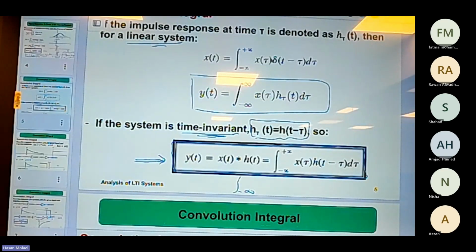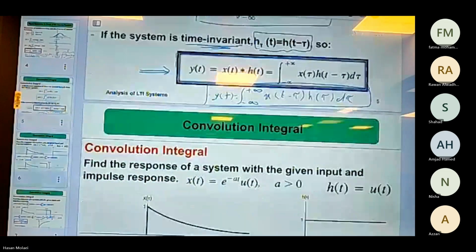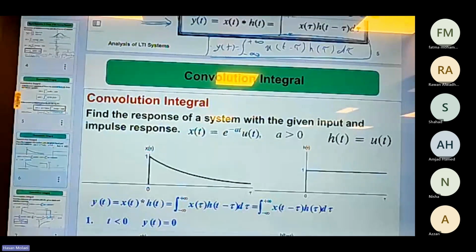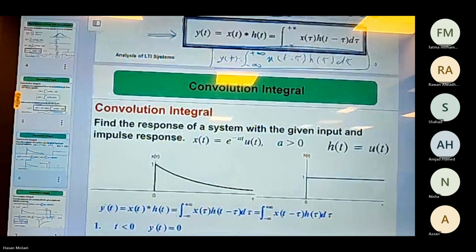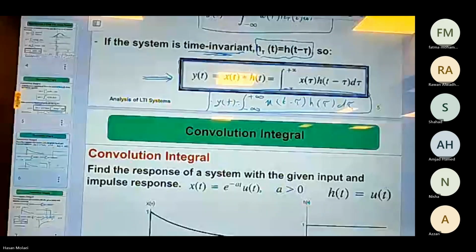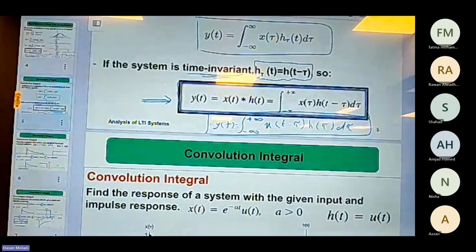I can write it in another way: x(t minus tau) h(tau). Okay, let's see how we do the convolution integral.